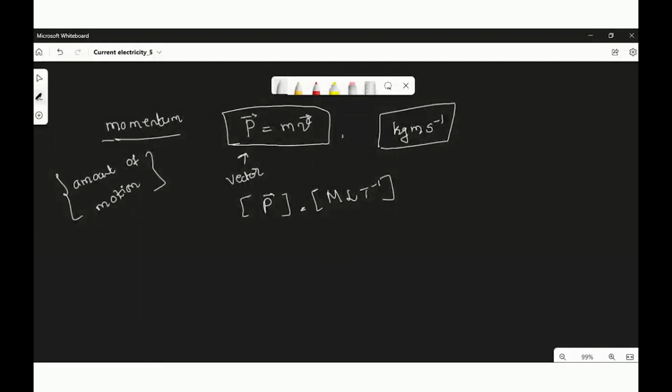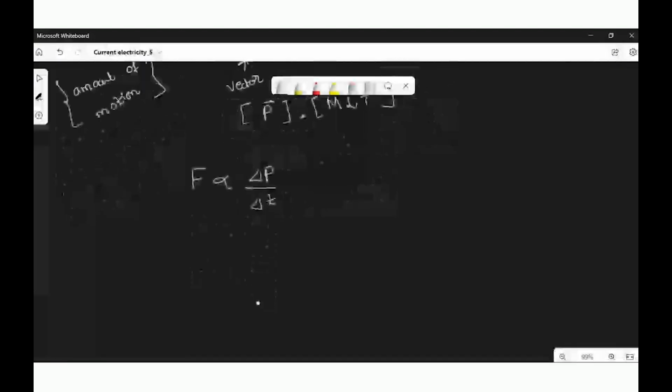How can we write the rate of change of momentum? The rate of change of momentum is directly proportional to force. So I'll write F is directly proportional to delta P by delta T. If our delta T is sufficiently small, I can replace this by dP by dt. We are taking a small time interval.